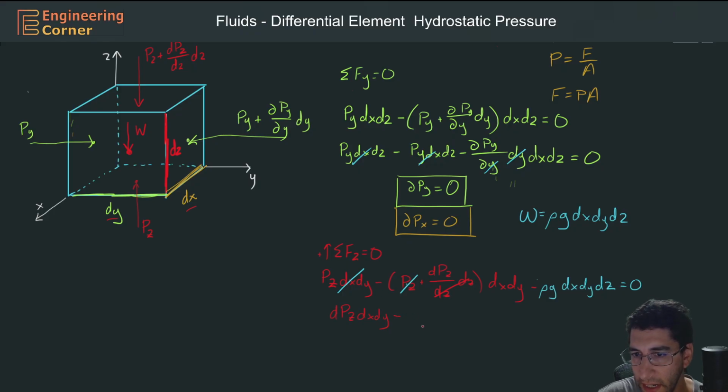And then I'm going to have minus rho g dx dy dz, and that's equal to 0. Okay? Well, dx dy, dx dy, they're going to cancel out. And finally, what I'm left with is this change in pressure in this z direction is going to be equal to rho times g times dz.